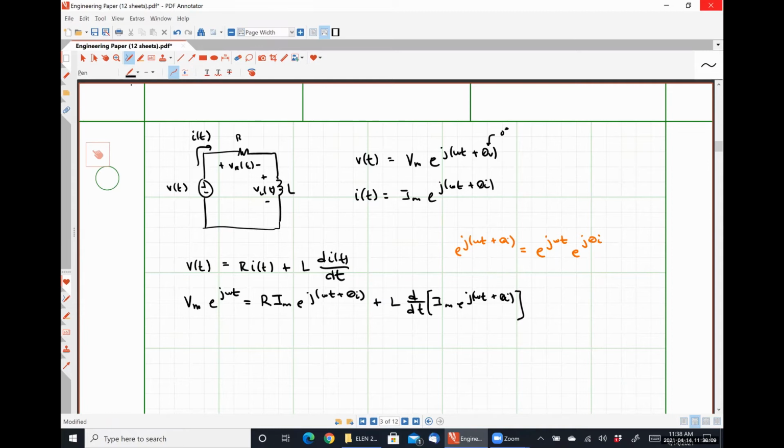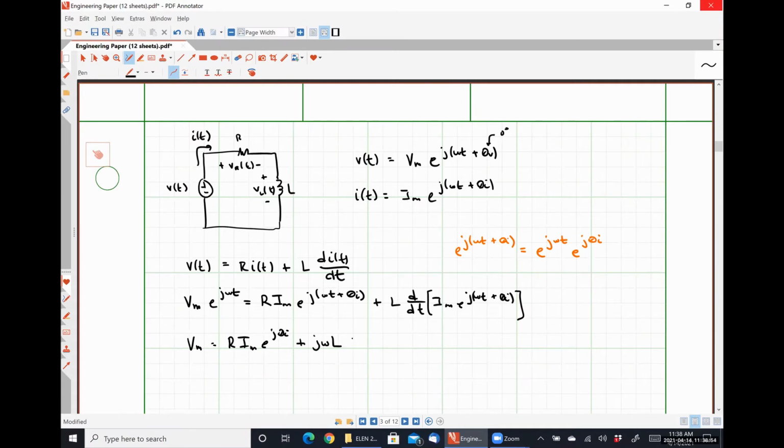So if I do that, I can observe that there is a common factor of e to the j omega t showing up in every single term, both on the left-hand side and the right-hand side. And so I'm going to divide through by that factor of e to the j omega t, which leaves me with Vm is equal to R times Im e to the j theta I plus, when I take the derivative with respect to time, I'm going to have a j omega that gets pulled down.